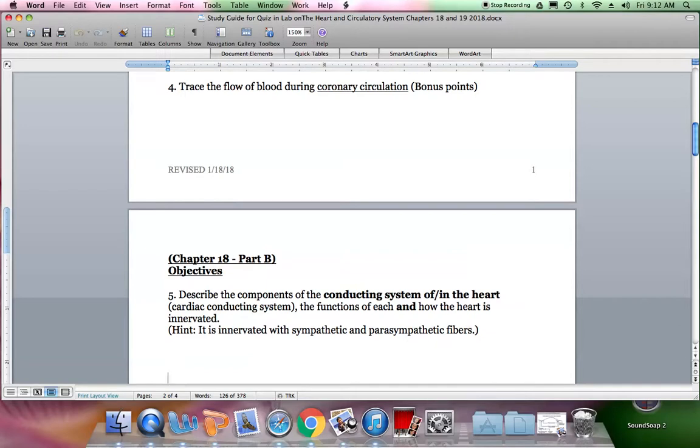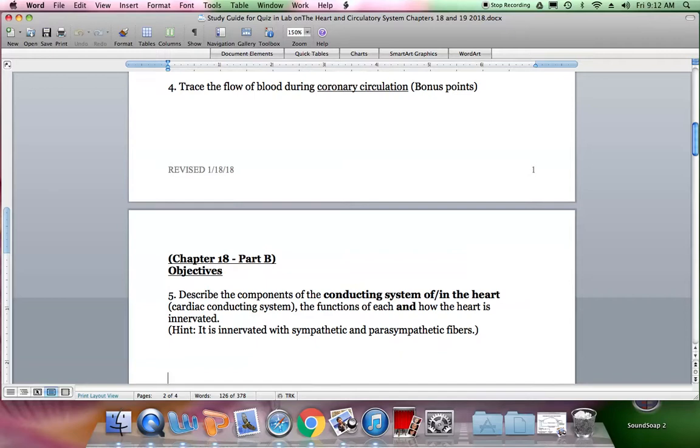Now, with the heart muscle, remember, it doesn't need a direct neuromuscular junction in order for the muscle to contract. But within the heart, remember the sinoatrial node, and then the flow of electricity, basically the action potential, goes out to the atria to stimulate the atria to contract.